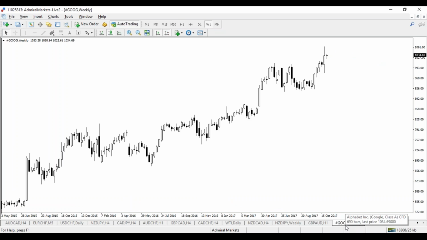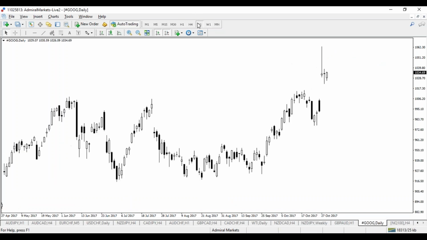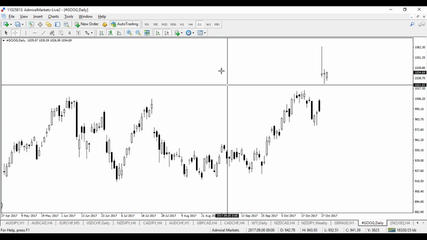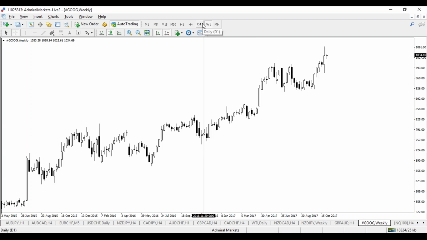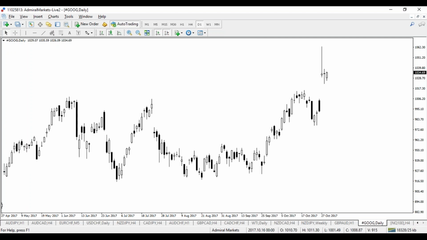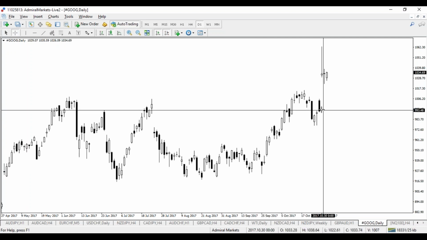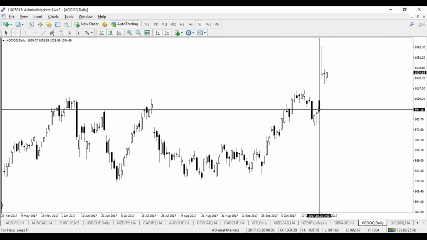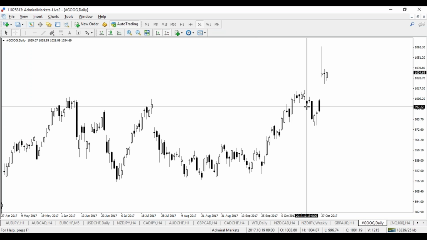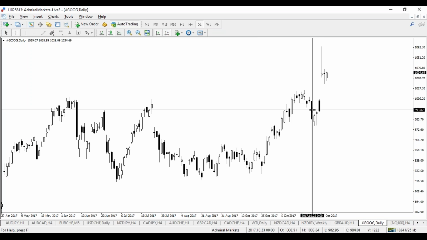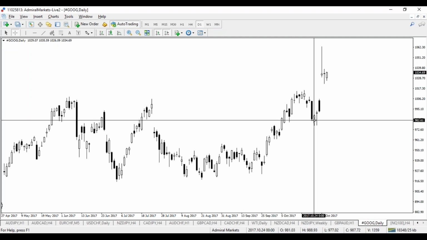I see here a Google chart from last week. Let's take a look what happened. We were talking about it last week. I don't remember what we were analyzing, unfortunately. It was either a Tuesday or Wednesday, which is somewhere around here, I guess.